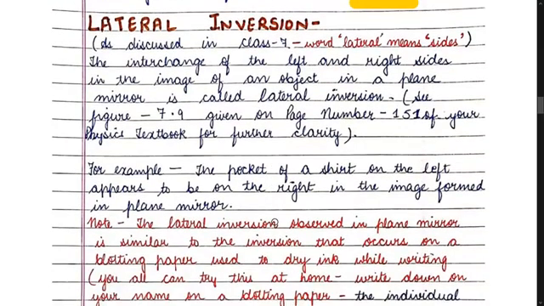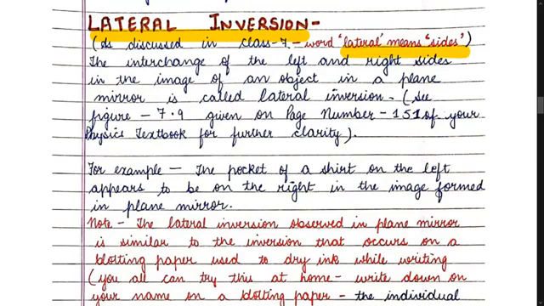So students, coming to our next topic, which we have already done in class 7th, our next topic for today is lateral inversion. Now students, the word lateral means sides.